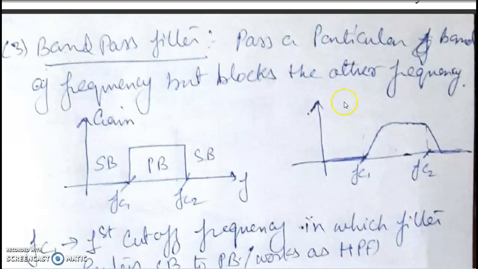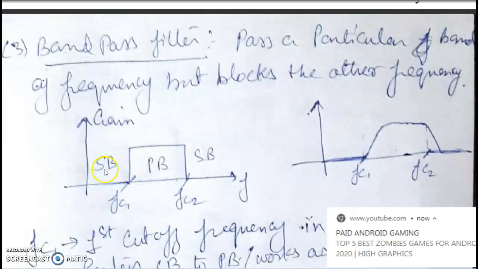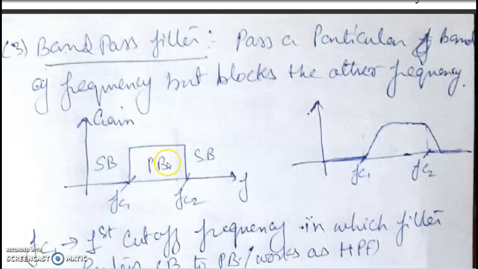So two cutoff frequencies are there in the case of band pass filter, because once this filter is entering in pass band from the stop band, and in the second case it is entering the stop band from the pass band. So two frequencies are there. Whenever there is a transition between stop band and pass band or pass band and stop band, the frequency is defined as cutoff frequency.